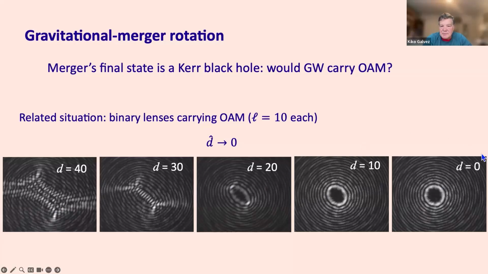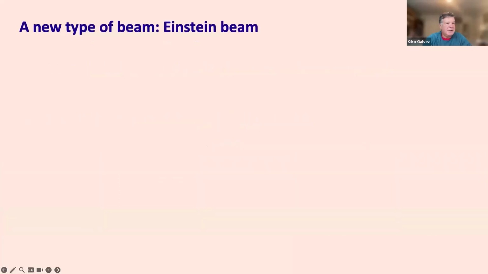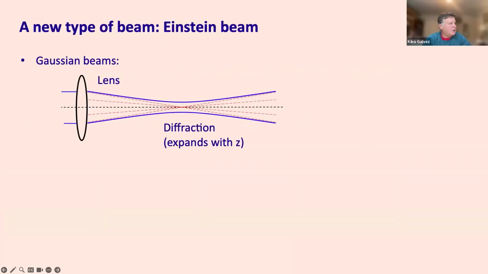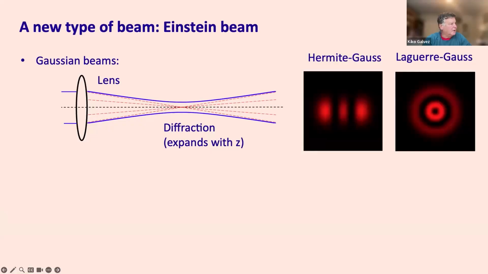So, okay, I'm reaching the end. Maybe I can do two more slides before we finish. We're used to Gaussian beams, and we produce them with a laser and focus them.